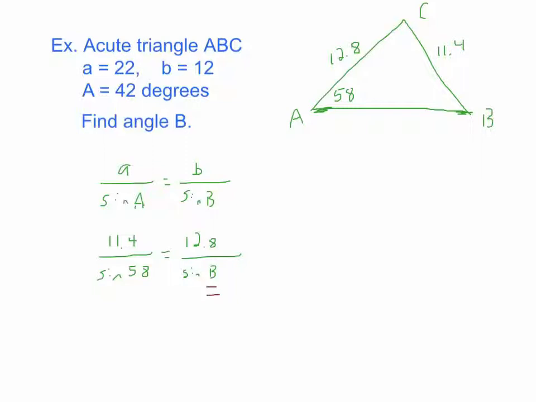So, if we do that, we would have 11.4 sine B equals 12.8 sine of 58. And then to finish getting the sine B all by itself, we can just divide both sides by 11.4.